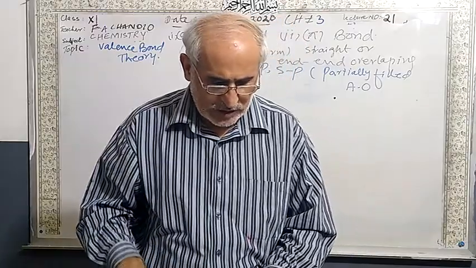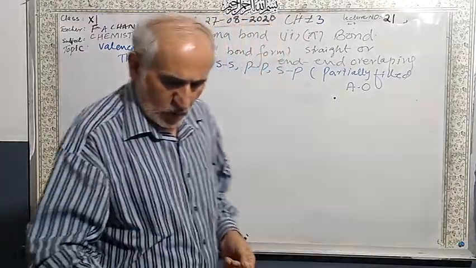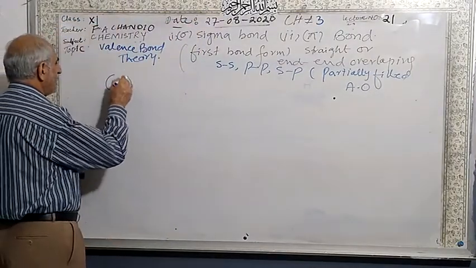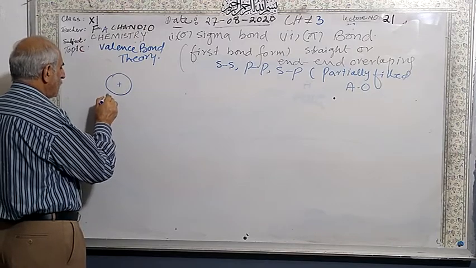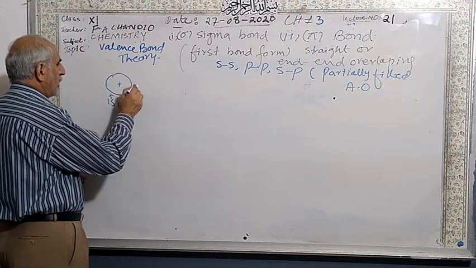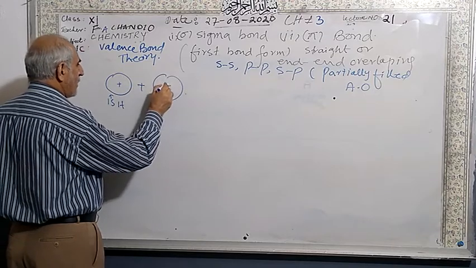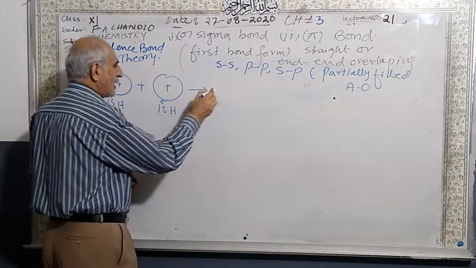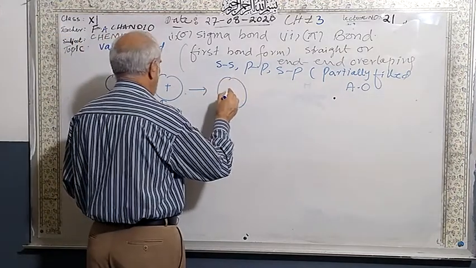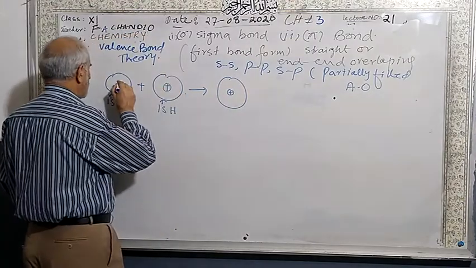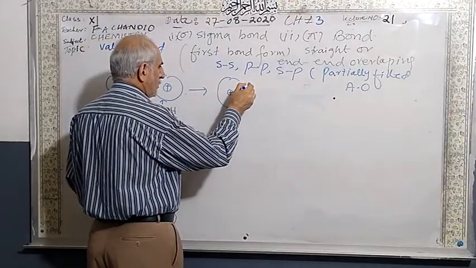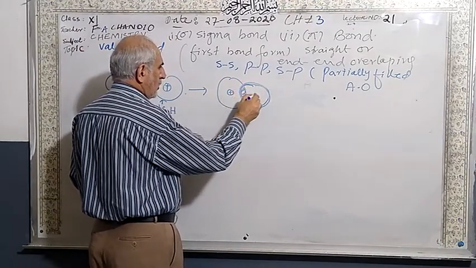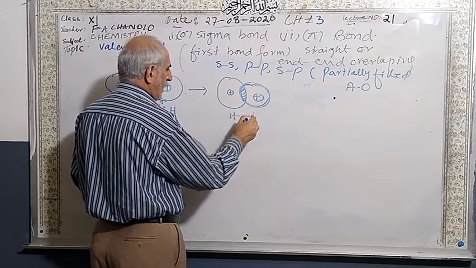Dear students, you are seeing in your book there is overlapping between S and S. This is the S, one S1 for the hydrogen, and there is also one S1 for the other hydrogen. So there is a straight overlapping of the nuclei, like this. This is hydrogen and hydrogen.